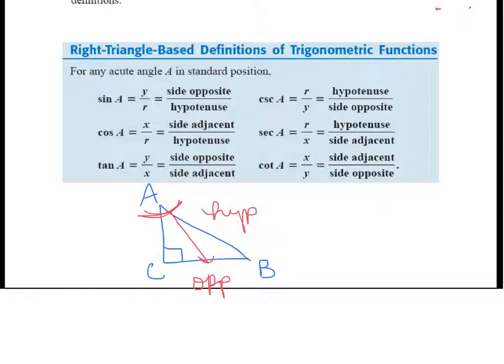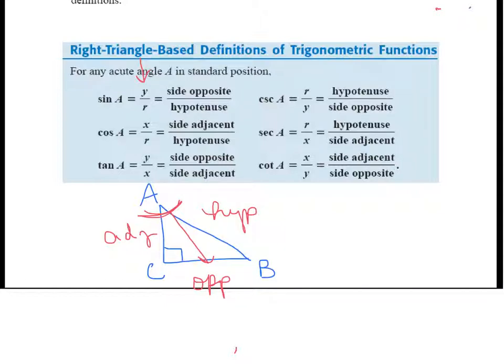And then cosine of A is adjacent over hypotenuse, and then tangent is the side opposite over side adjacent. Now we left in these notations here that you've had in the past, so that you remember.